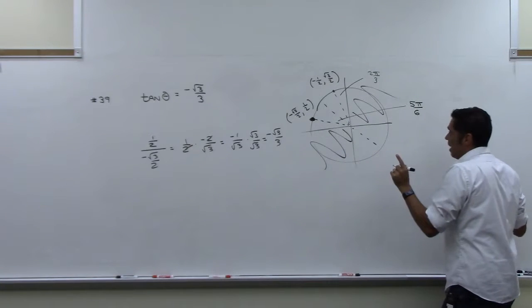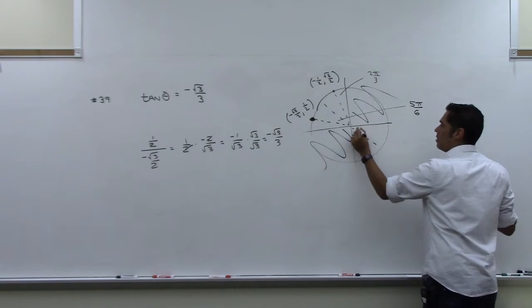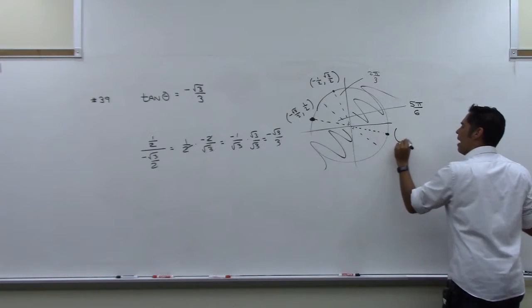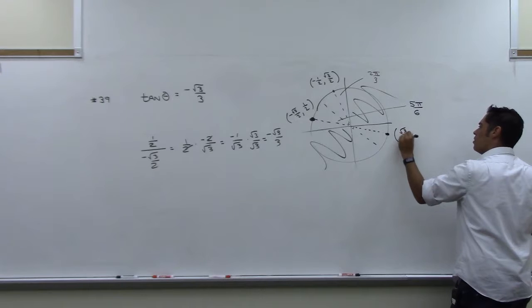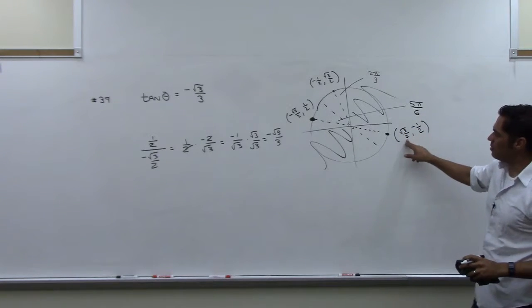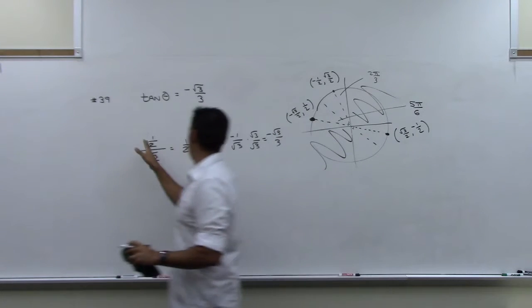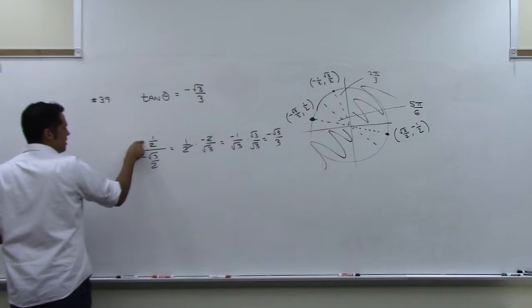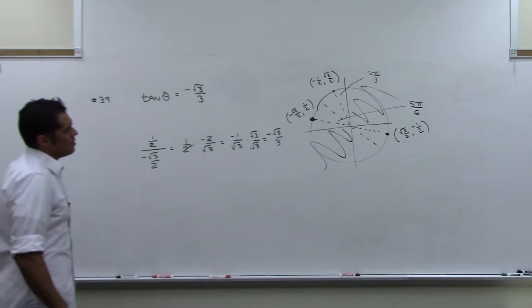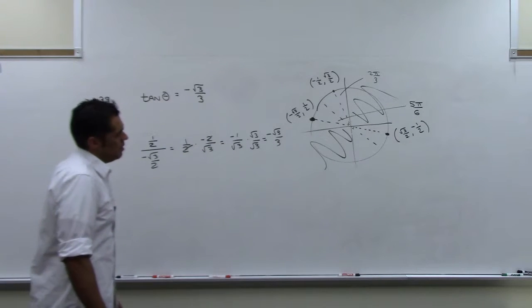Now, it's not just that one, okay? You also have to look in this quadrant. Directly across from that over here, you have root 3 over 2 and -1/2. And if we do the ratio, it's the same thing as this, except the negative is up here instead, but it's still going to carry through and have a negative on the outside. So it's those two angles.